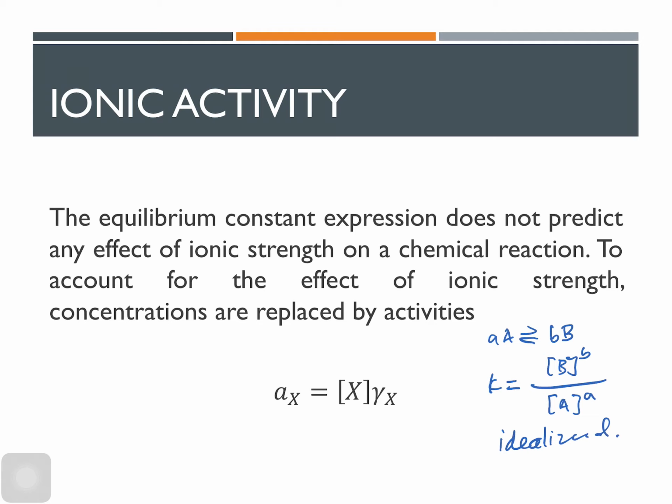However, in the previous videos, we found out that you have to account for ionic effects. Hence, we have to correct our way of writing the equilibrium constants into activities. So we're going to replace our concentrations with activities. Activity is defined as the concentration of your substance times its gamma.